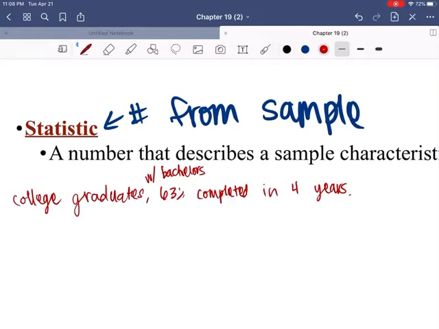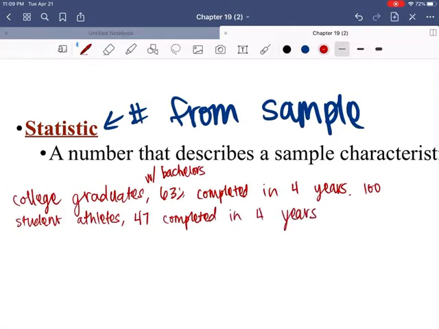I sample 100 student athletes who have graduated, and I found that 47 of them completed their bachelor's degree in 4 years. So let's identify these things.